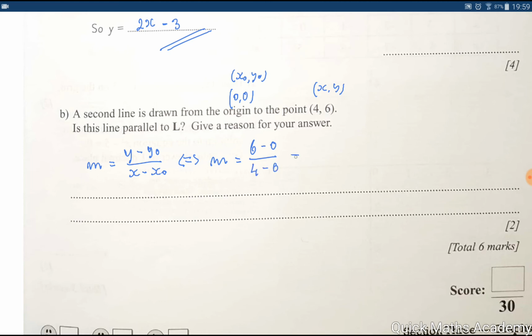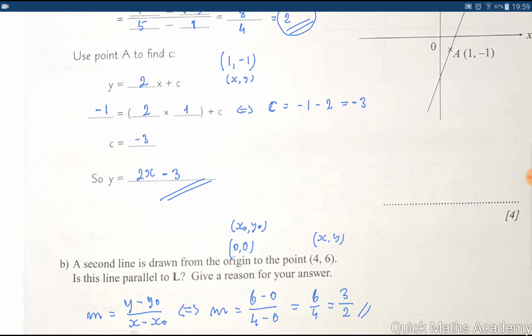So my m will be 6 over 4, which is the same as having 3 over 2. And 3 over 2 is 1.5. 1.5 is a different gradient than 2.